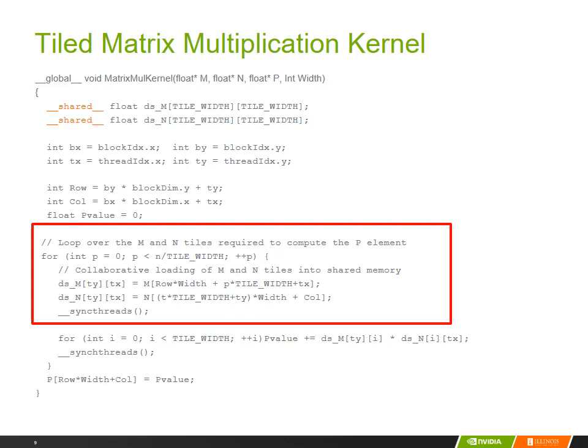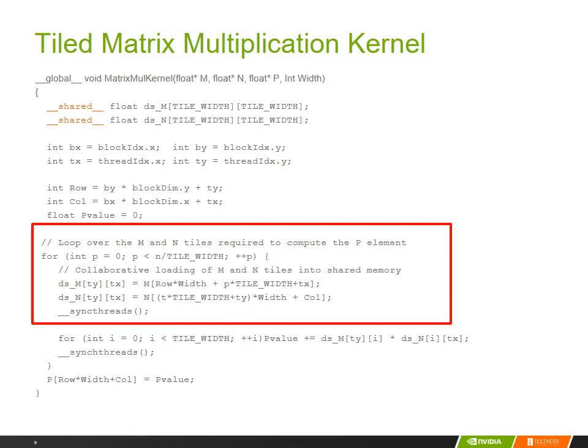Within each phase, we will have every thread load one M element and one N element according to the indexing scheme we introduced in the previous sequence of slides. And these M and N elements are going to be assigned into the Mds and Nds arrays using the y dimension of their thread index and the x dimension of their thread index.